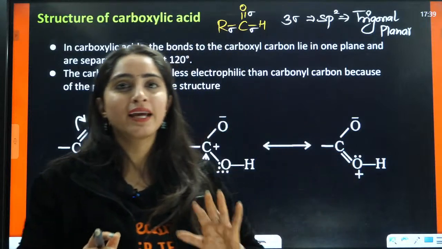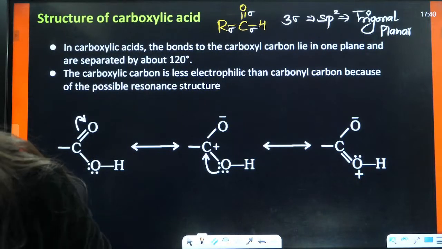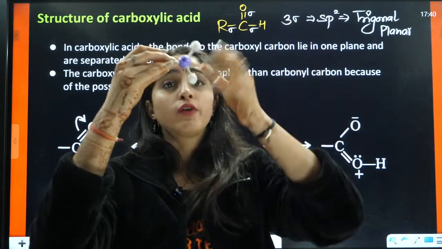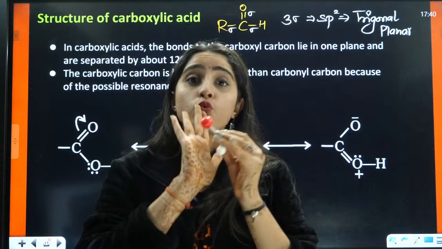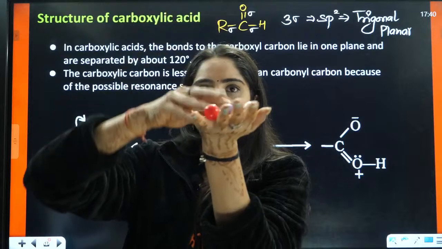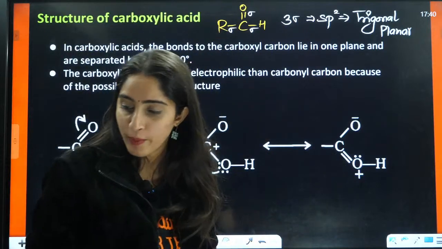If I am saying it is a trigonal planar geometry, it means the same as we have done in aldehyde. This is the trigonal planar geometry which has 120 degrees. It is in one plane, right? So that is called trigonal planar geometry.